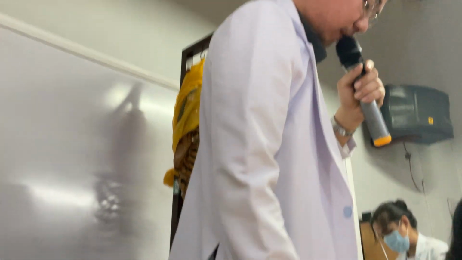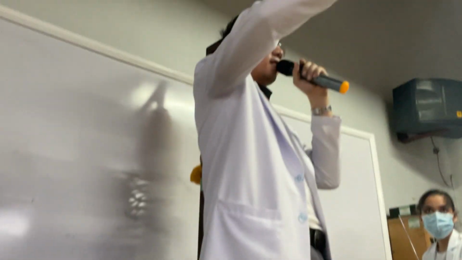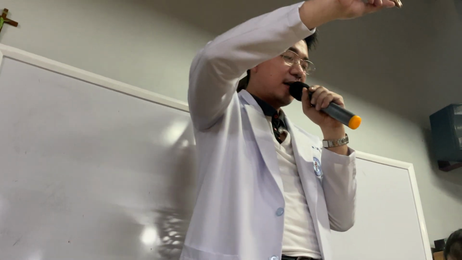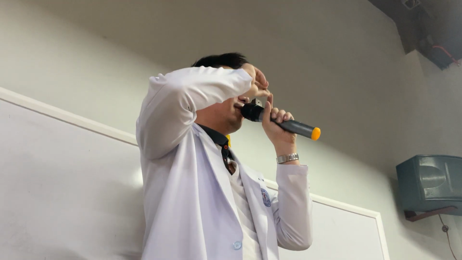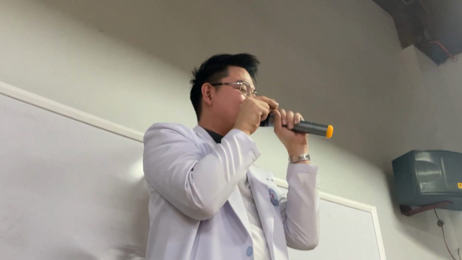Now, the next bone looks like a square. It's located in the lateral most portion of the tarsals. So this is known as the cuboid, because it has 4 sides. 1, 2, 3, 4.